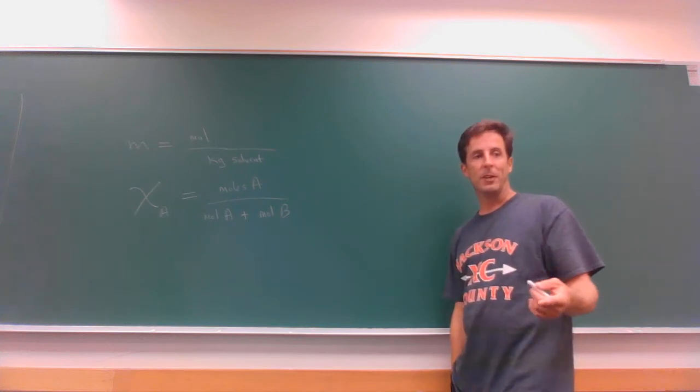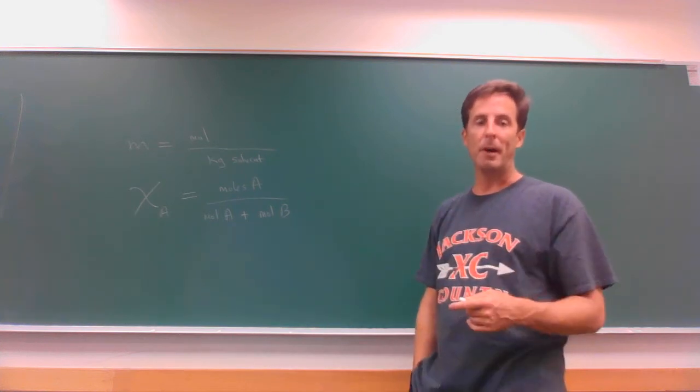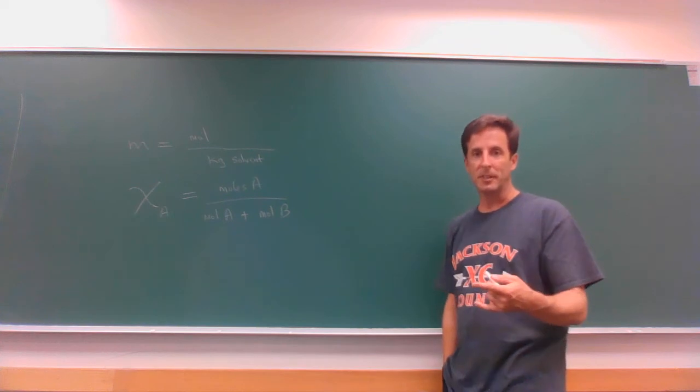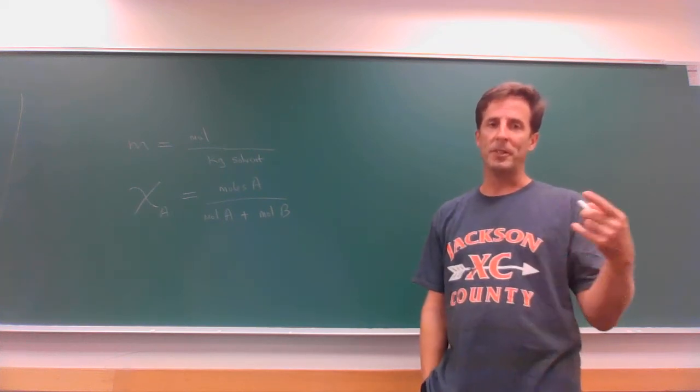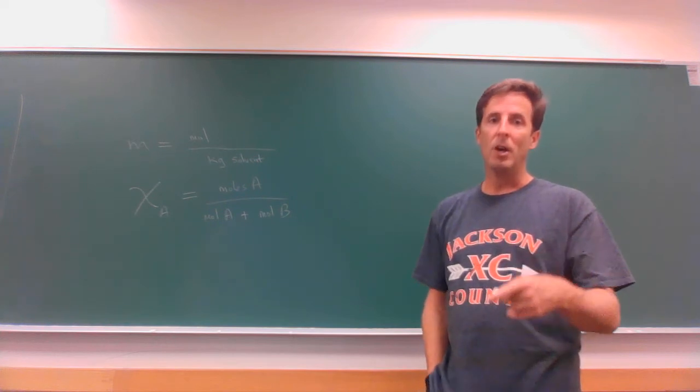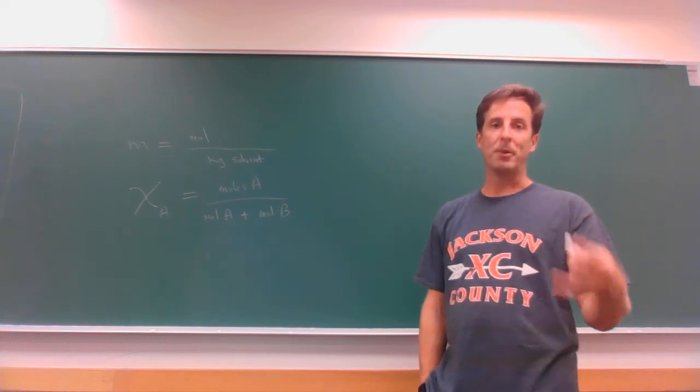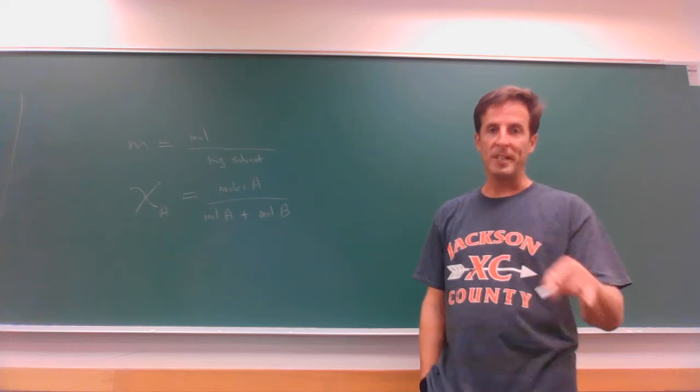The next set of concentrations, there are three of them listed on the PowerPoint, are percentages. There's percentage weight to weight, which is also called percent mass to mass, or the mass percentage. Those are all the same thing.